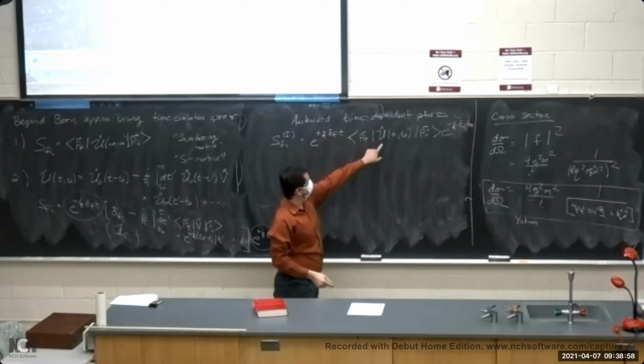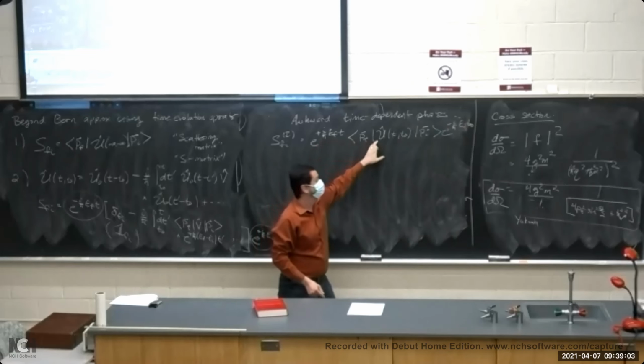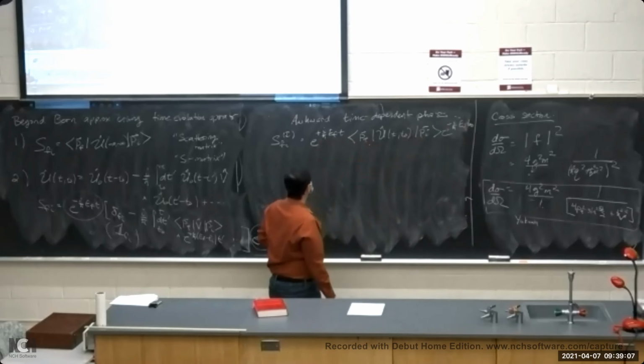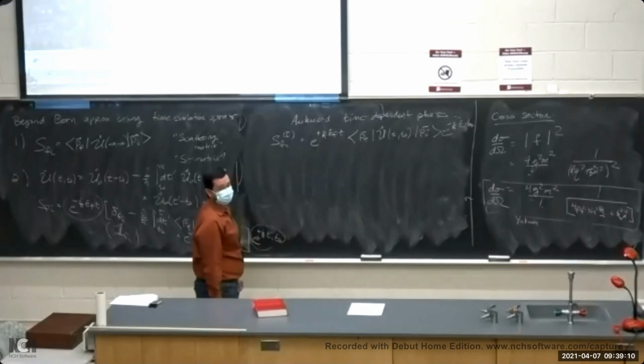And you can see if I pull these inside the matrix element here, it looks like I have e to the i over h bar Hamiltonian, e to the minus i over h bar Hamiltonian, which is how you get it out of the interaction picture. If I do this, now I can safely take the limit with t going to plus and minus infinity.